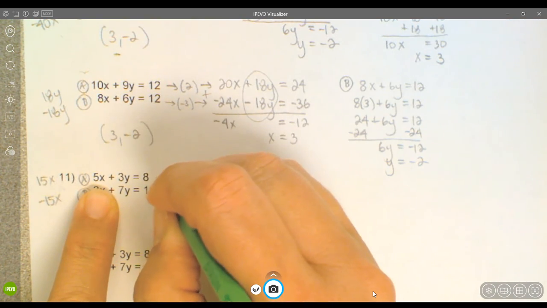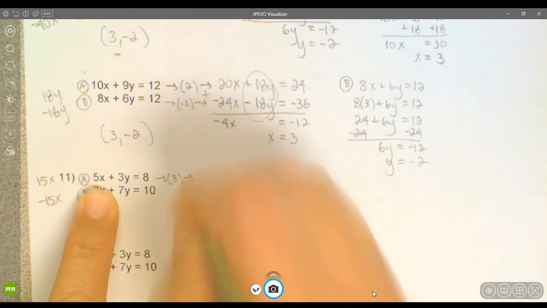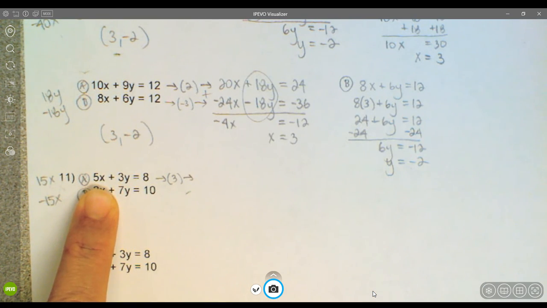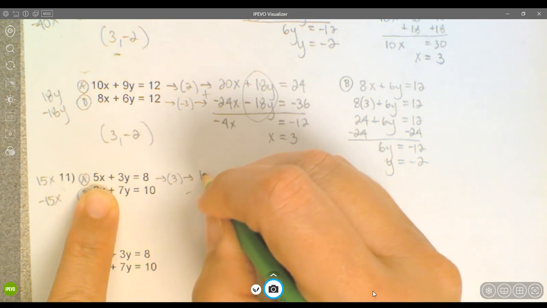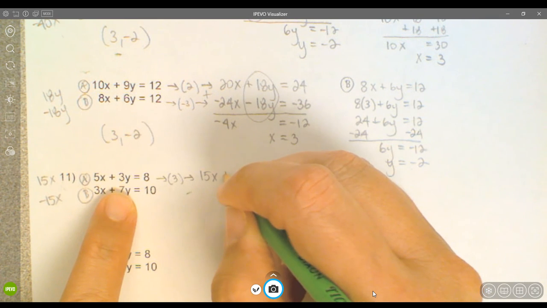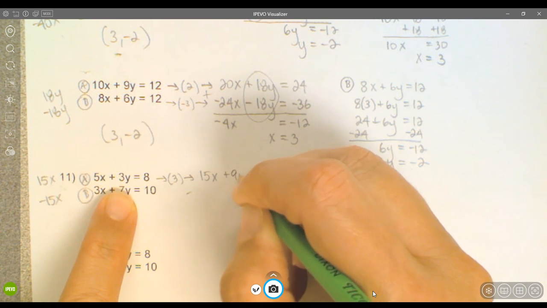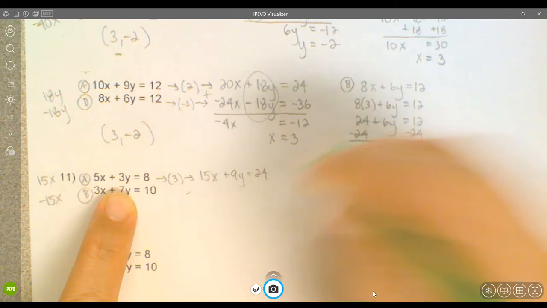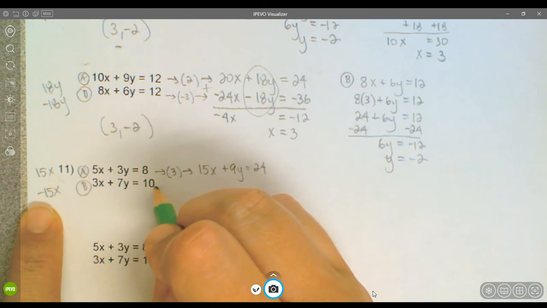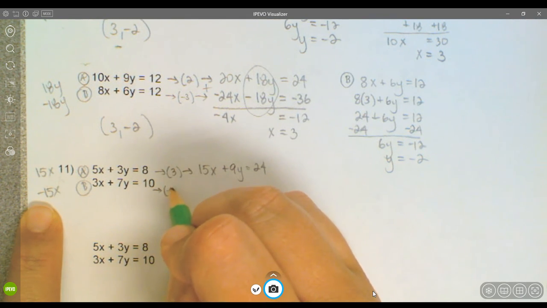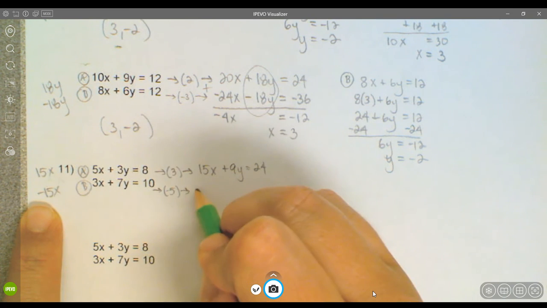So I see that I need to multiply here by 3. So I'll get 15x plus 9y equals 24. In order to make this negative 15x, I'm going to multiply by negative 5.